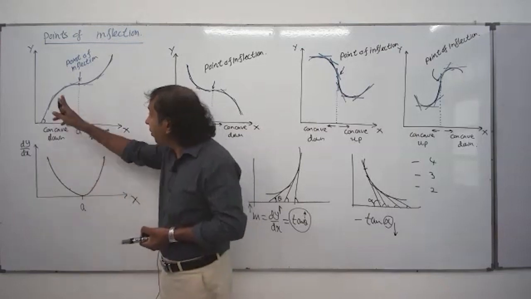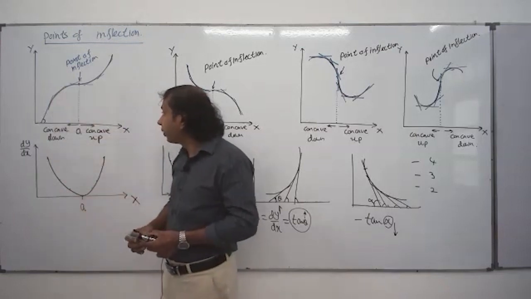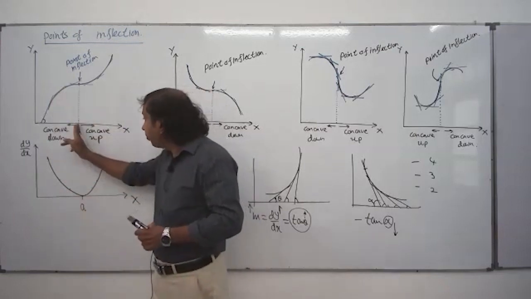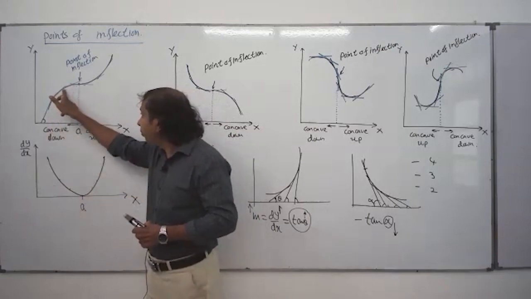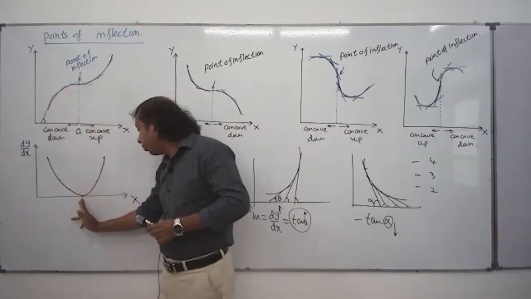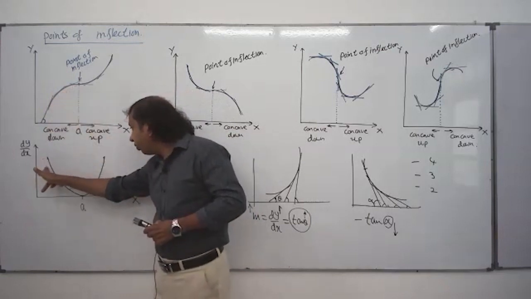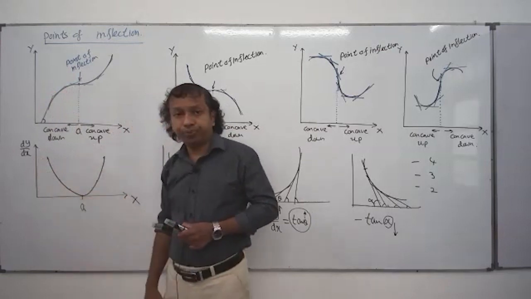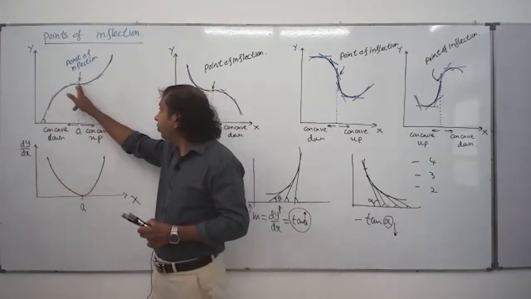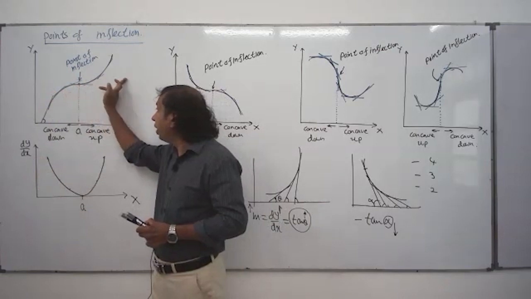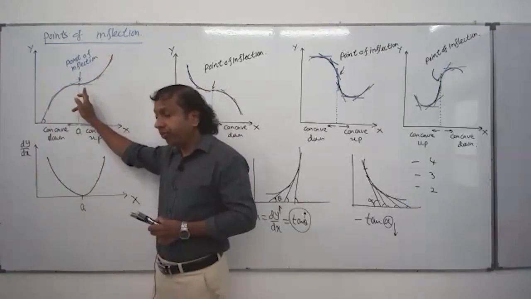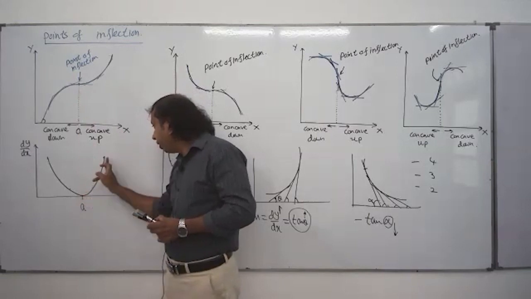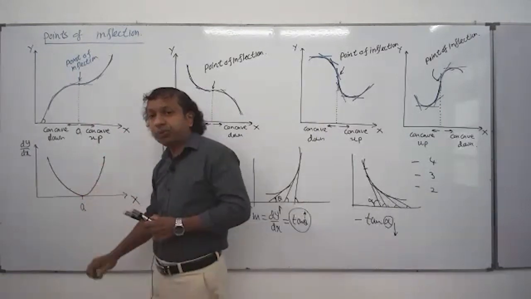So now when you compare, to the left of this A, the graph is concave down, and the second derivative is negative. To the right of this A, the graph is concave up, and the second derivative is positive.